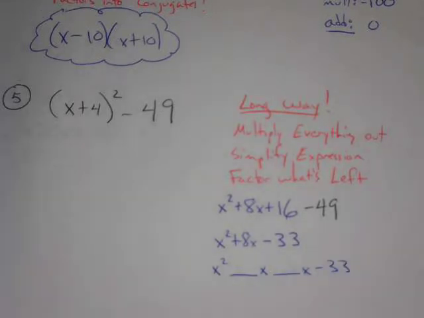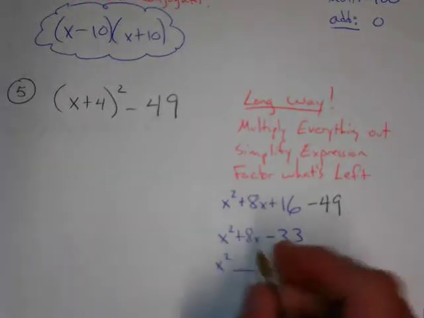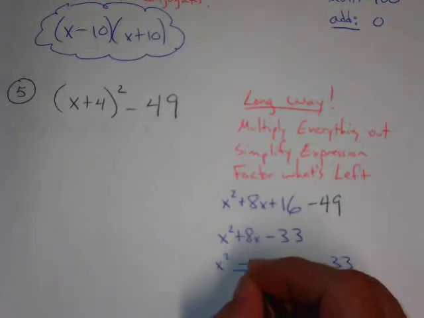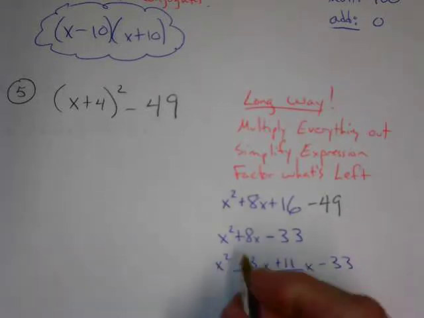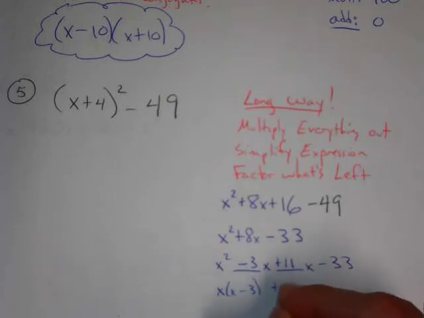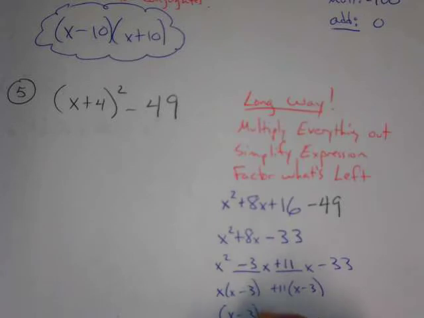The two numbers that multiply to negative 33 but add to positive 8 are negative 3 and positive 11. And then we factor by grouping. X times x minus 3, and then plus 11 times x minus 3, or x minus 3 times x plus 11.